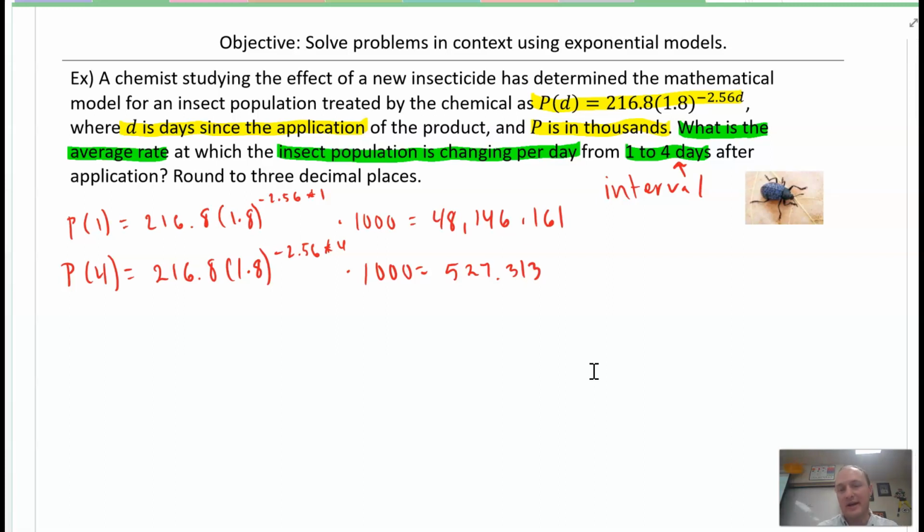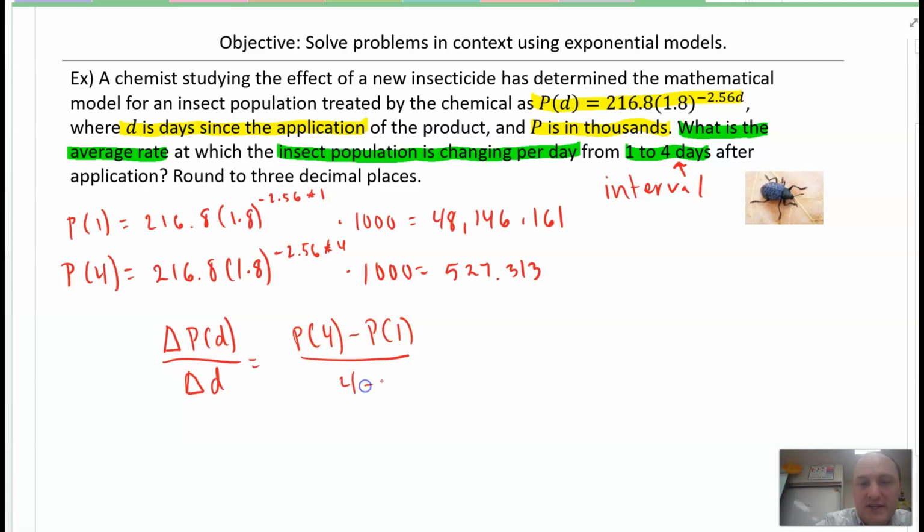Now what I need to do is calculate the average rate of change. All right, so average rate of change is going to be delta P of D over delta D, okay? The change in the population, right? So P of 4 minus P of 1 over the change in the days. 4 minus, whoa, not 3. I was jumping to the answer. 4 minus 1.